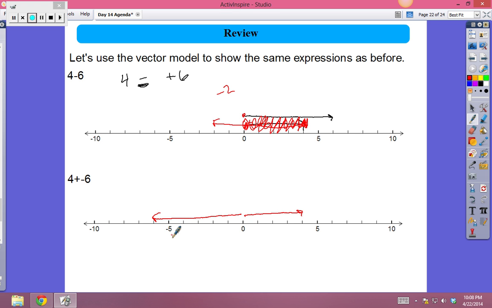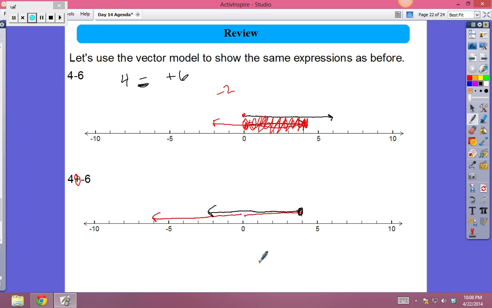Okay, now I'm going to add these vectors together, and when you add, you don't change the direction of anything. All you do is pick this vector up right here, the second one. I'm adding the second to the first, so I pick this second one up, put its tail on the head of this one, and then let it run out. And how far was it? Negative 6.